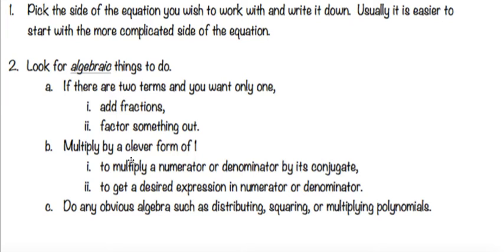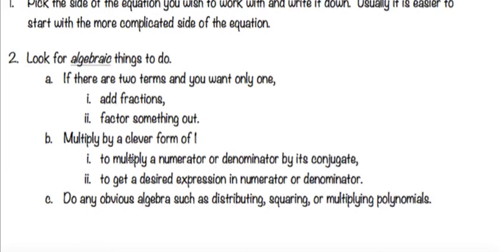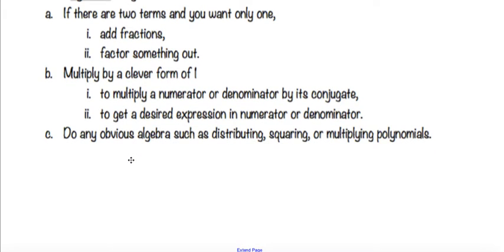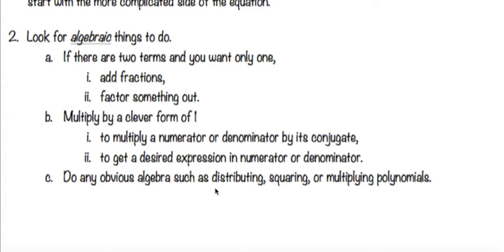You might want to get the desired expression in the numerator or denominator. You might want to do obvious algebra like use the distributive property, square it, or multiply some polynomials. So when I say squaring, you might want to FOIL something out, or if it's 2x squared, then you do 2x times 2x, things like that.